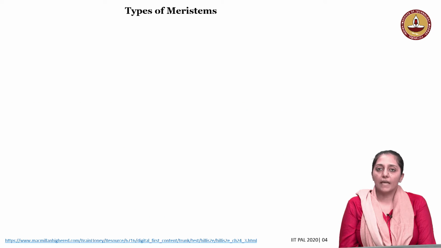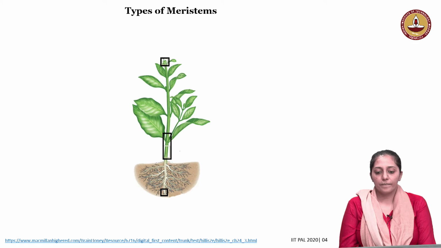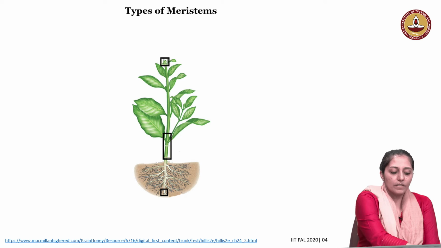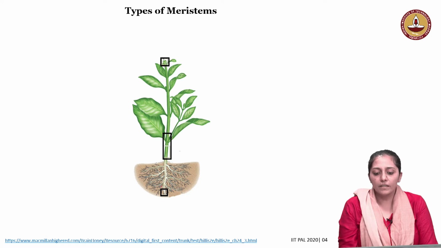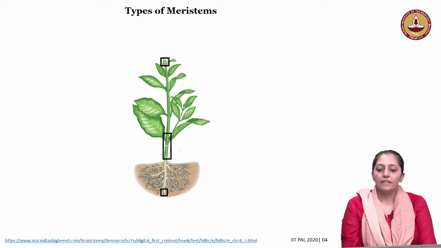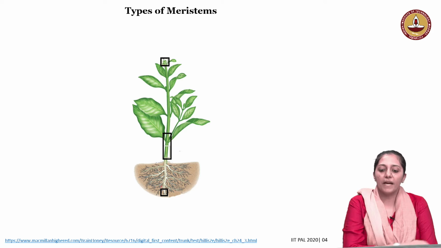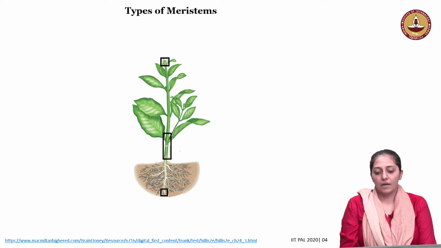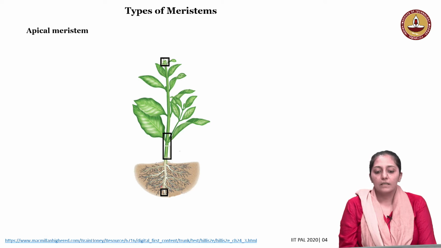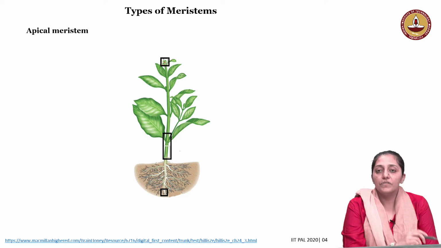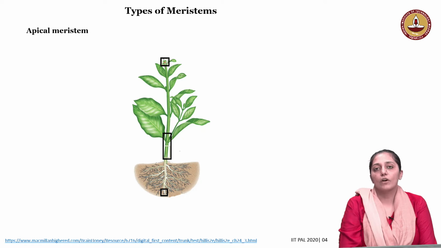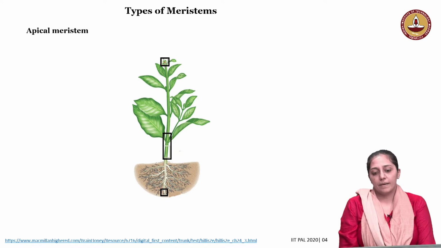Let us see what are the different types of meristems. On the slide here, there are black boxes encircling regions on the plant. These depict different types of meristematic regions present in the plant. At the top of the plant, you see a region which is called the apical meristem.